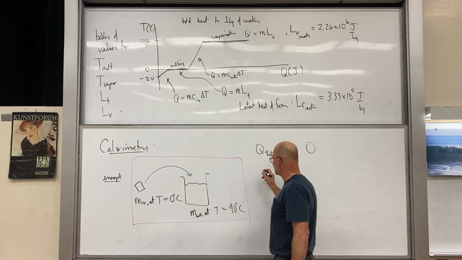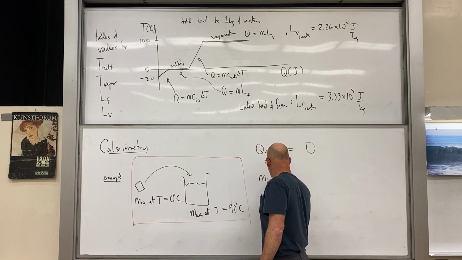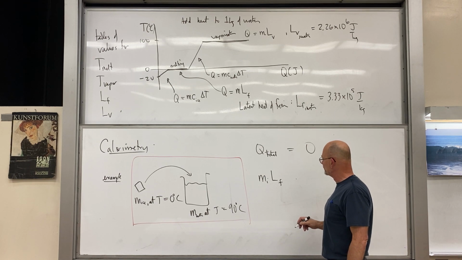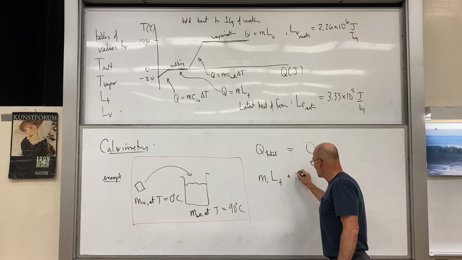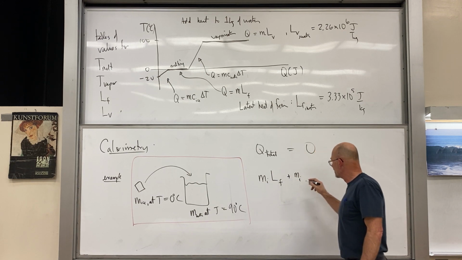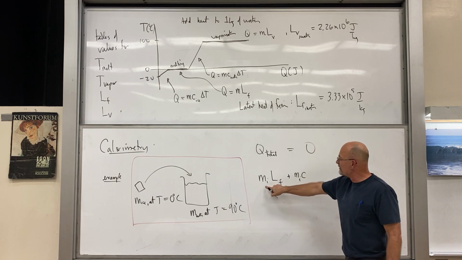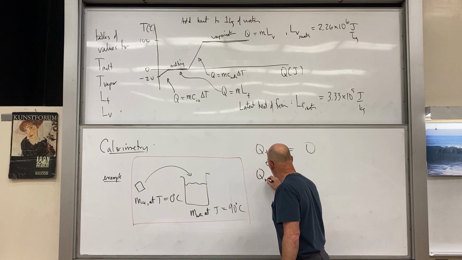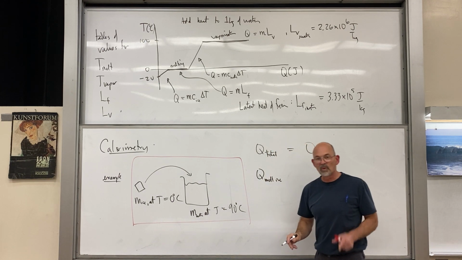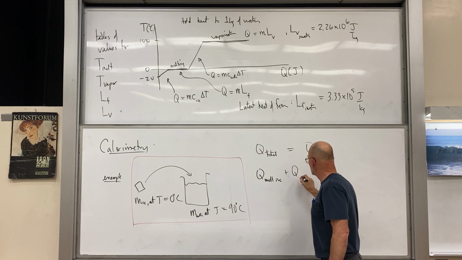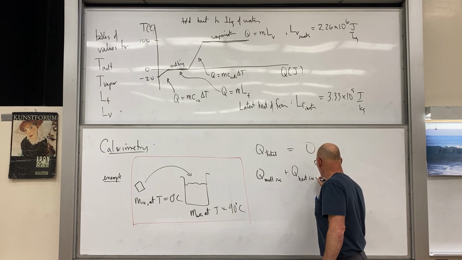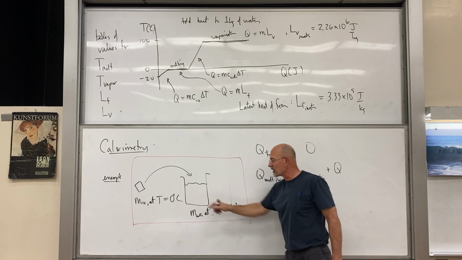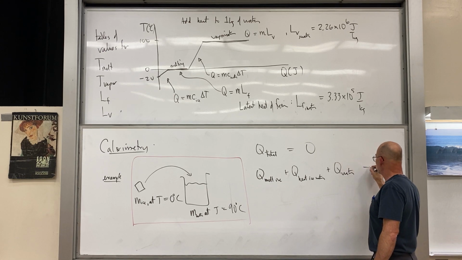So here's what we would say. Actually, let me write it this way. Q of melt the ice, that's one quantum of heat, plus Q of heat the ice water, plus Q of the water in here, so the rest of the water, is equal to 0.